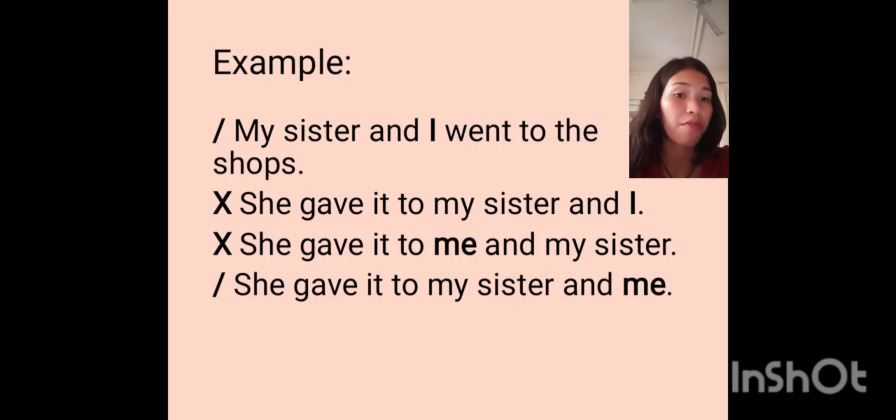The fourth one, she gave it to my sister and me, is a clear sentence, where we will know what she gave to my sister and me. So it's clear. It is acceptable for generative syntax and rule number 3, which is the correct usage of I and me in a sentence.